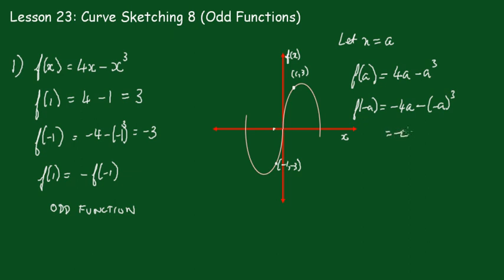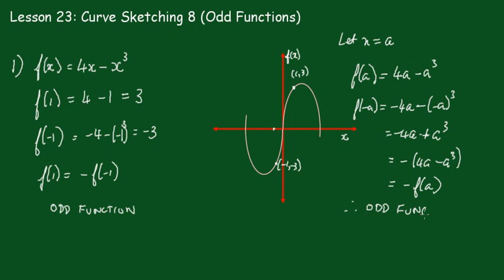Now the minus becomes a plus a cubed, and this is minus 4a plus a cubed, which is in fact minus f(a). Now it's arbitrary whether you get the minus this side or on the other side, it doesn't matter. But therefore we've shown that this is an odd function.